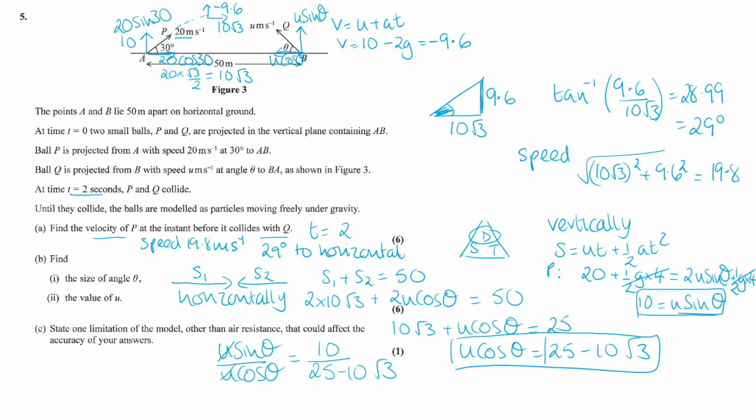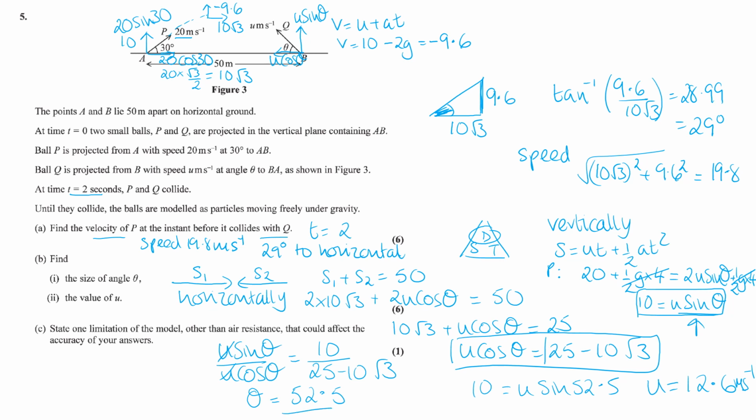These u's will cancel, and we can do inverse tan because we've got sine over cos, to get that theta is going to be 52.5. And then if you just put that back into one of the equations, maybe this one is the easiest, 10 is equal to u sine of 52.5, and just divide through by sine, you'll get that u is 12.6. So that is u and theta.